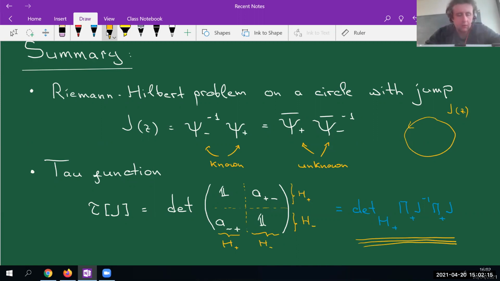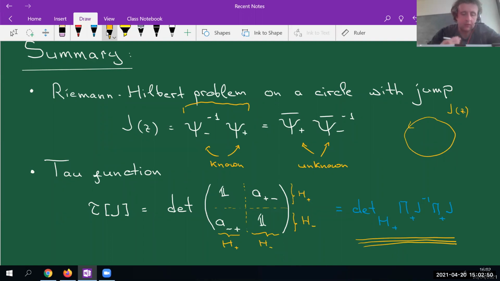In the Riemann-Hilbert problems coming from linear differential systems and isomonodromy, this jump matrix actually comes with a factorization. So we have this factorization of the jump, where psi plus and psi minus are, as usual, functions that can be continued inside and outside of the circle.